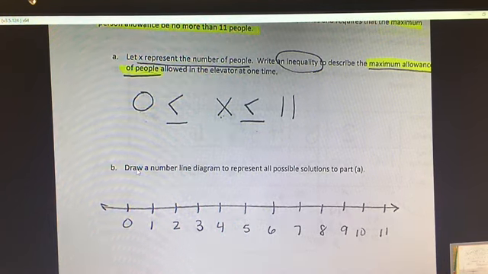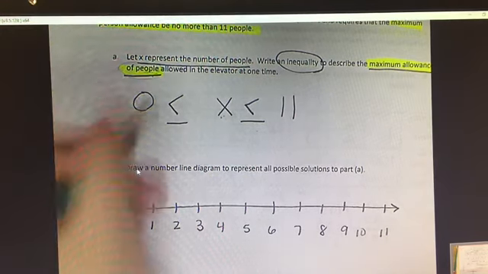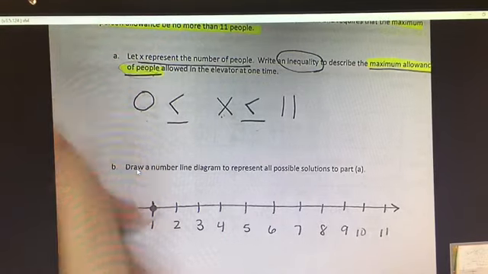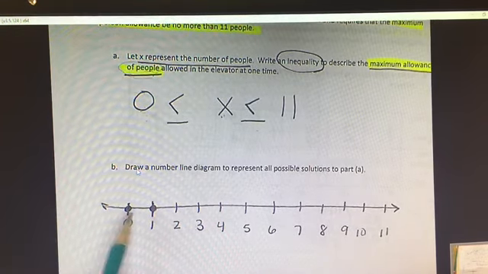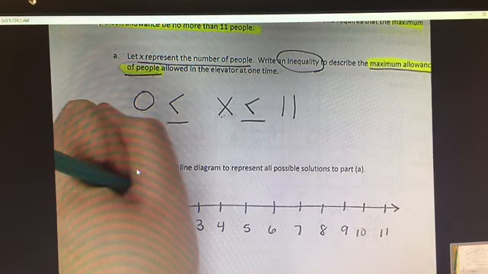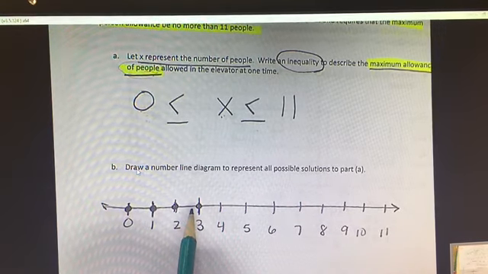Here's the big thing. We are talking about people. So you can have 0 people and you can have 1 person, but you cannot have half a person. So it shouldn't be a straight line. You could have 2 people. You could have 3 people, but you cannot have 2.5 people.